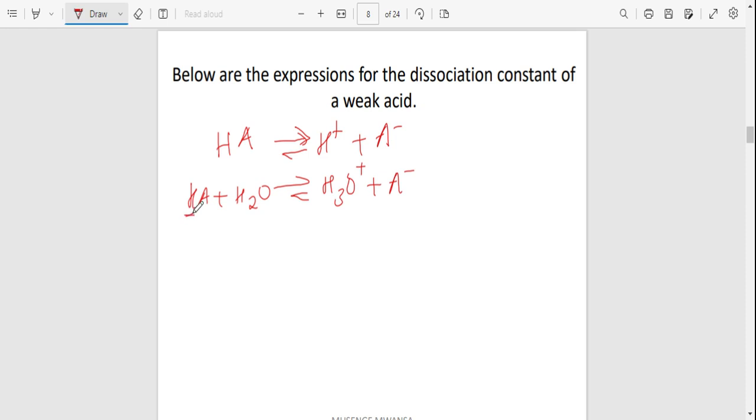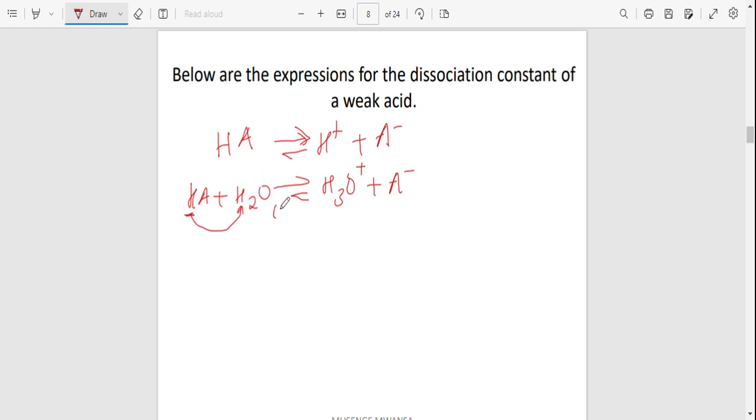So basically this hydrogen has been taken by here. Okay. So this one which is here is a conjugate base of this acid. This one is a conjugate acid of this base. In this case, water is acting as a base.